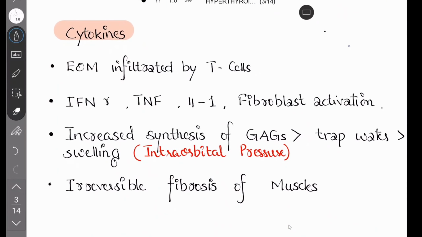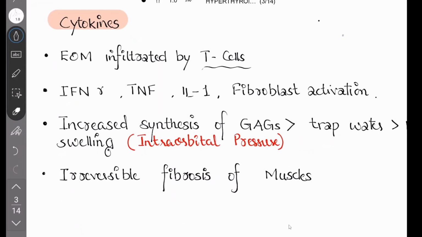Then cytokines, the extraocular manifestations, or extraocular muscle infiltration by T cells. Interferon gamma, tumor necrosis factor, interleukin 1, then fibroblast activation. What will happen?